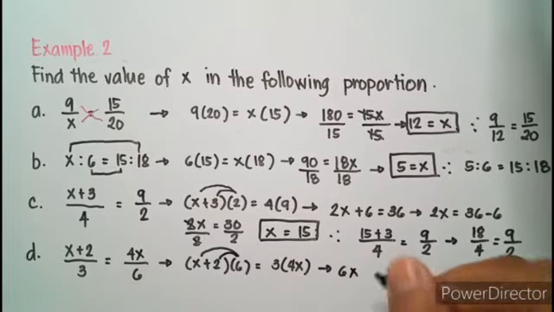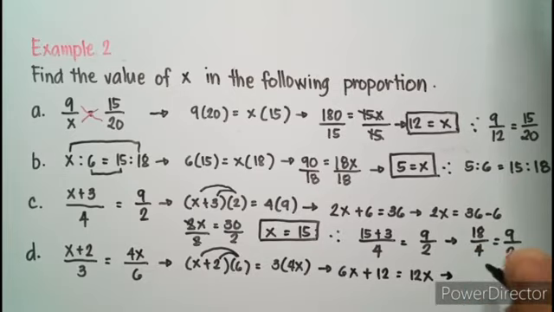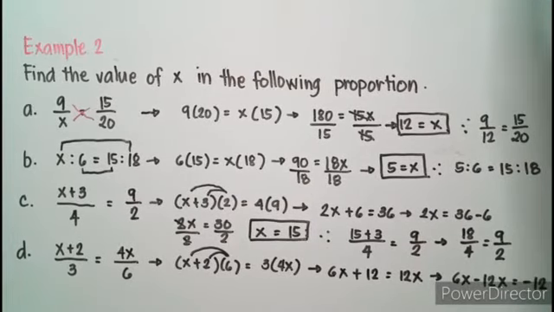Then 6 times 2, that is 12, which is equal to 3 times 4x, that is 12x. So we have 6x minus 12x is equal to negative 12. So that will become 6x minus 12x, that is negative 6x, is equal to negative 12.